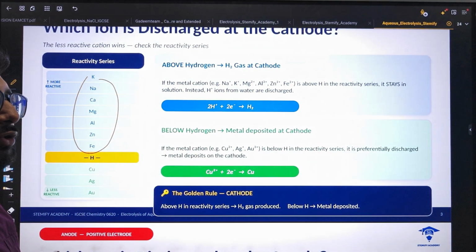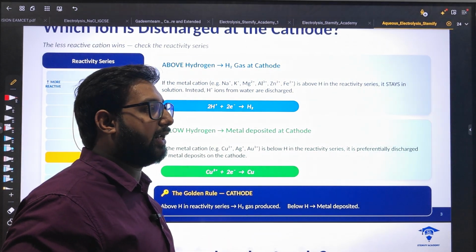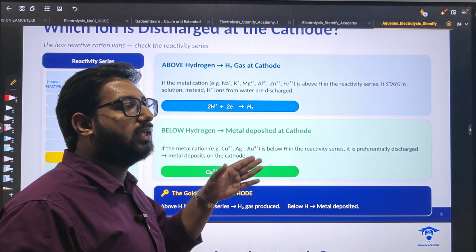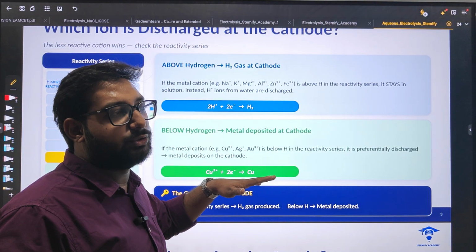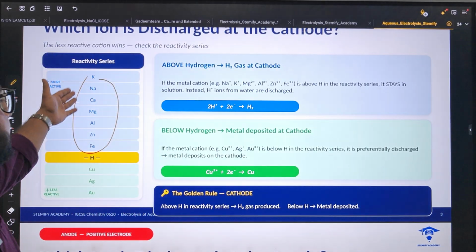So what we should understand here is that any metal cation which is above hydrogen in the reactivity series stays in the solution and hydrogen gets discharged, because hydrogen is less reactive than them.